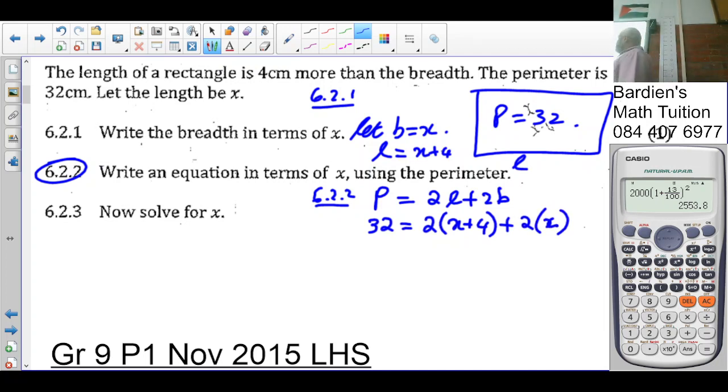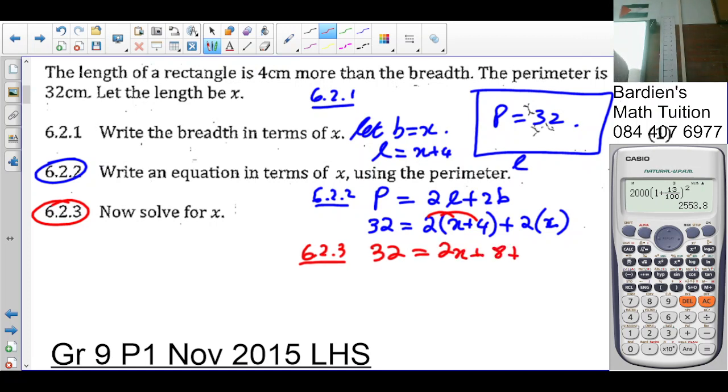Now it says solve for x. So you multiply that in, I get 32 is equal to 2x plus 8 plus 2x. So that is 4x. 32 minus 8 is 24. So x works out to be 6.